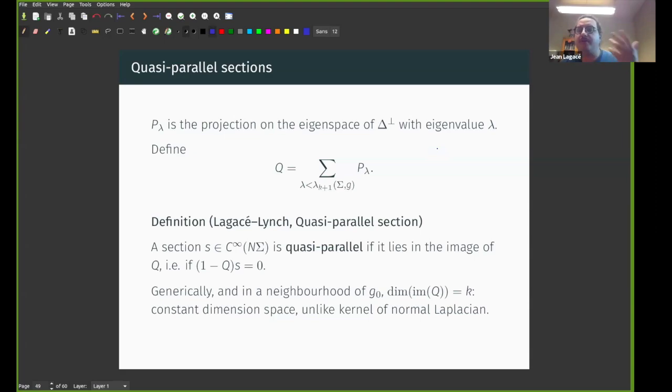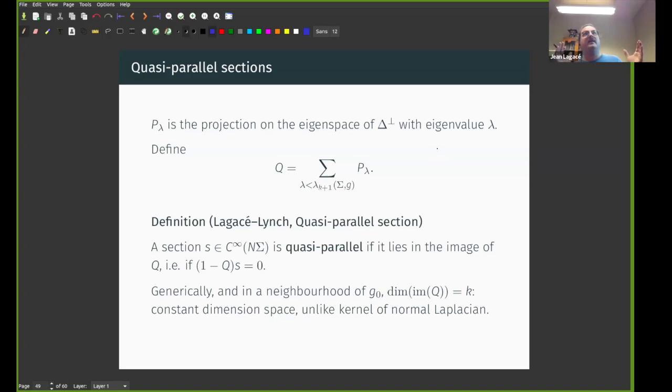That is, given a vector bundle whose fibers have dimension m, if you're in the sum of the eigenspaces corresponding to eigenvalues smaller than lambda_{m+1}, then you are quasi-parallel.